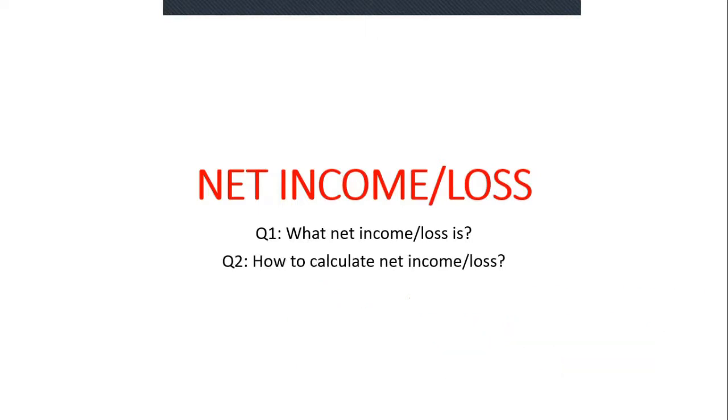Moving on to our second question, as I said, how do we calculate net income and net loss? In very simple layman terms, it's simply the difference between the revenue minus the expenses, and that would give you a number which could be a profit or loss.